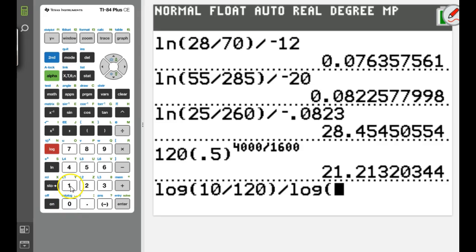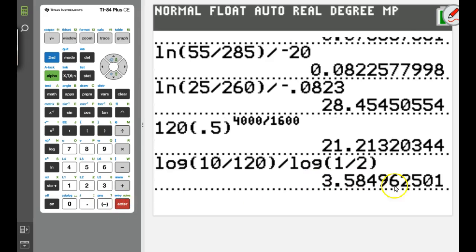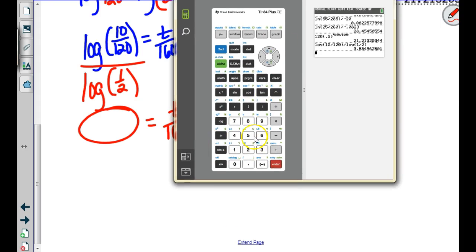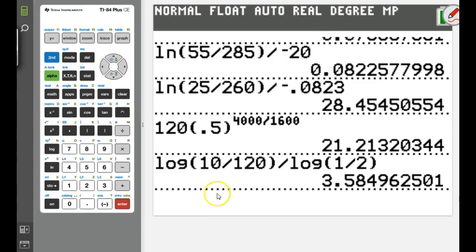Divided by the log of 1/2. Which you could just use 0.5, that's fine. Okay, and I get this crazy decimal. And then to get rid of that divided by 1600 on the other side, I have to take that crazy decimal and multiply by 1600.